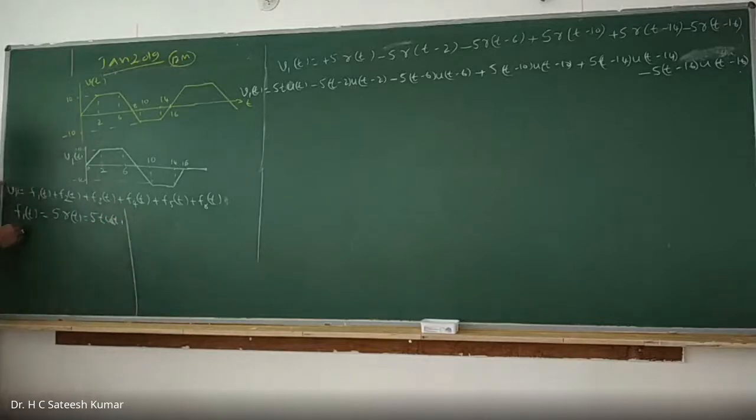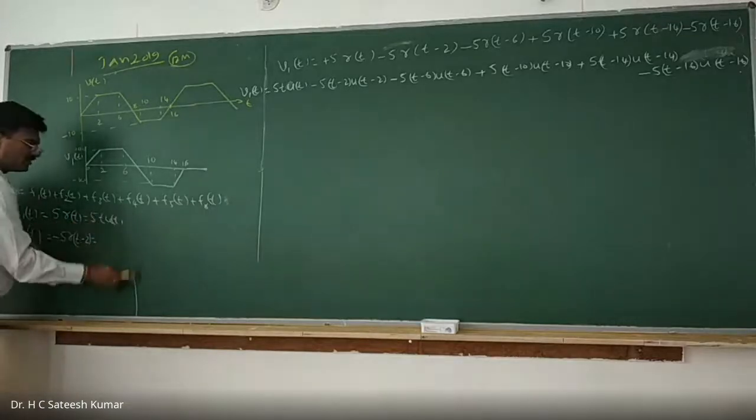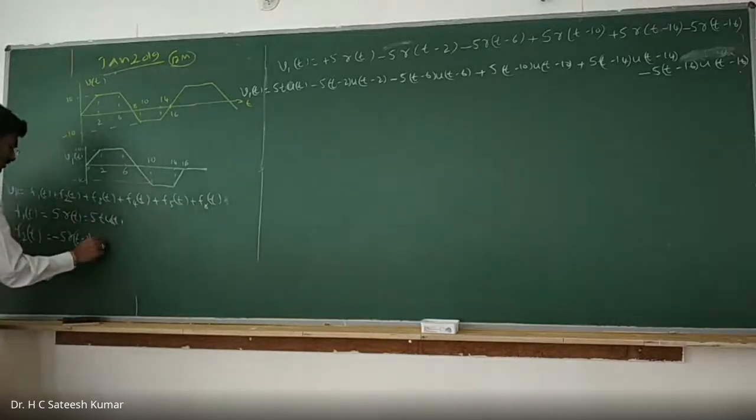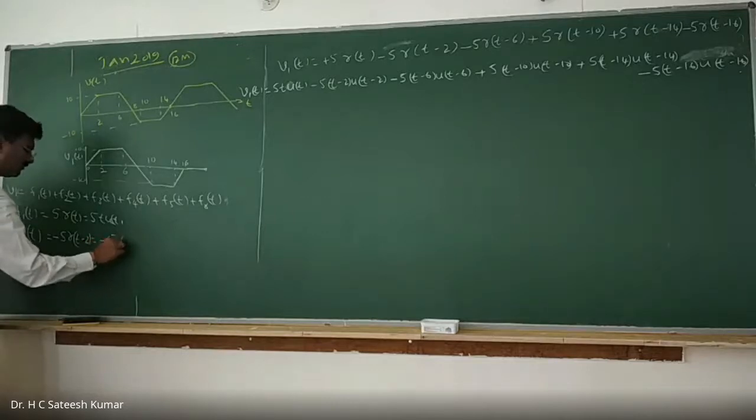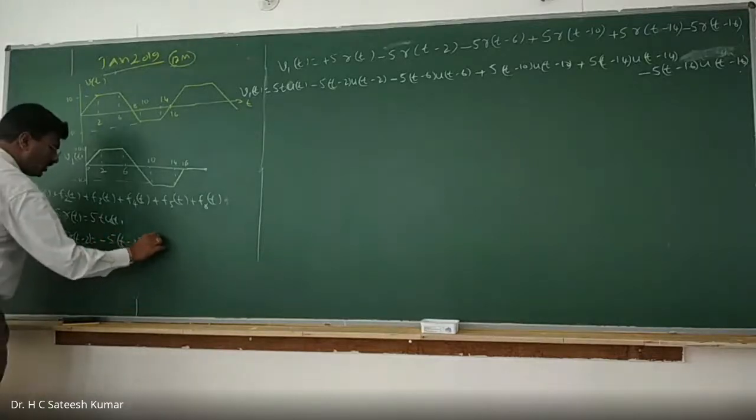Okay. f2 of t is equal to minus 5 r of t minus 2, and the Laplace transformation of this one is minus 5 into t minus 2 into u of t minus 2.